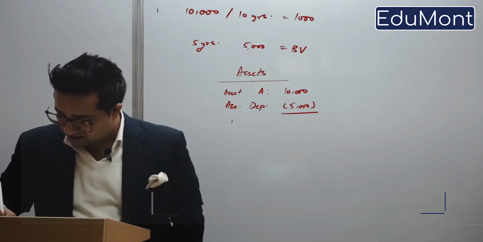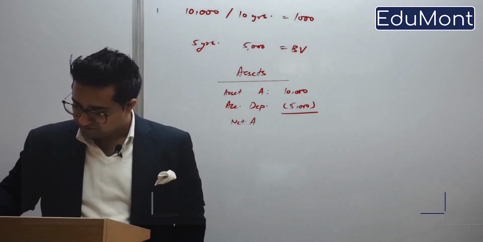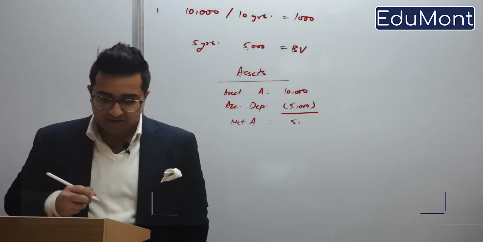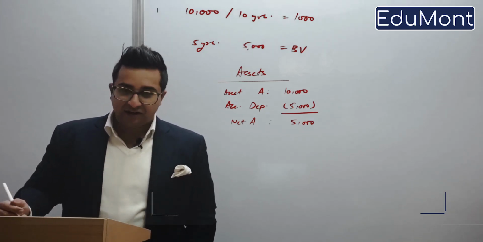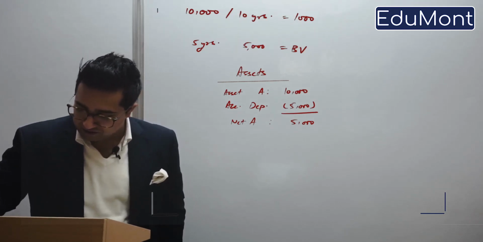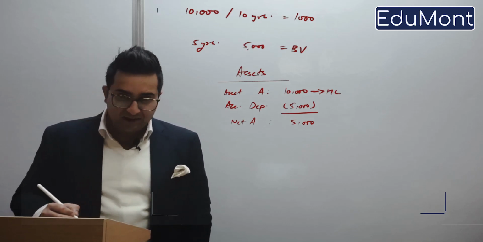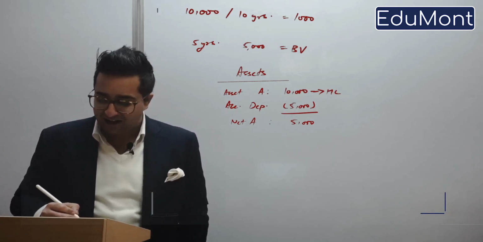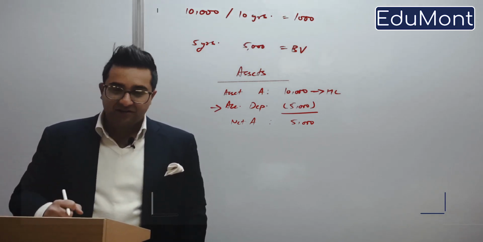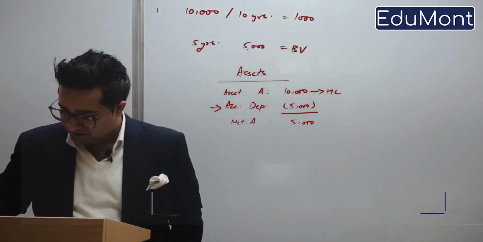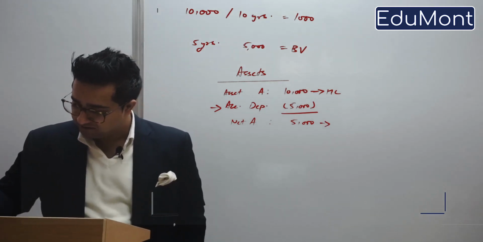So net asset is 5,000, right? This is how it would appear in your balance sheet. You would have your asset written at its original historical cost of 10,000. Then you would have your depreciation taken away from it, which is your accumulated depreciation contra account, a credit nature account with 5,000. And since you're in the middle of it, 5,000 will be your book value, BV.